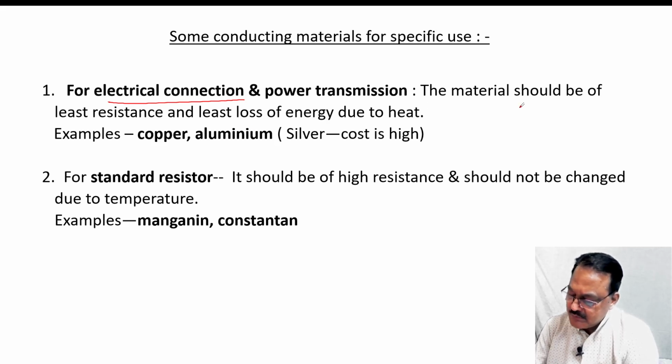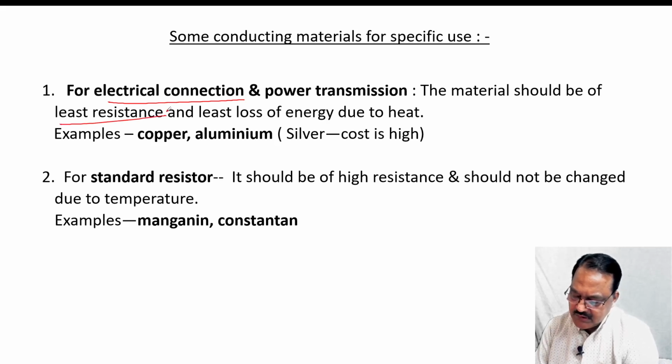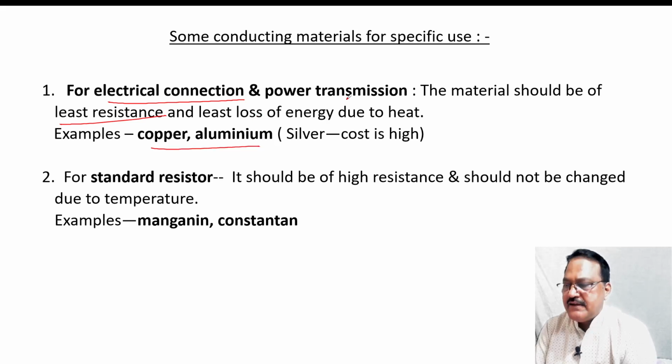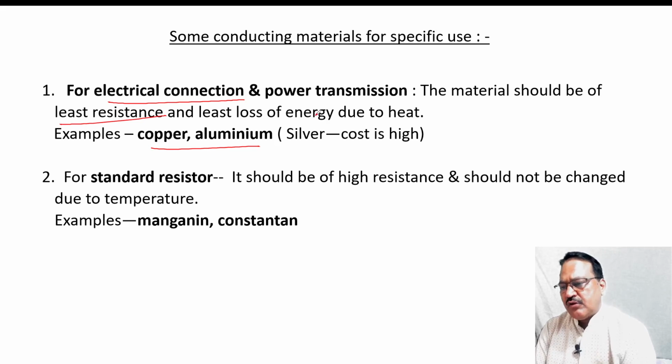So these are the properties of such conductors like copper and aluminum, which are used for electrical connections and power transmission, having less resistance and least power loss also due to heat.